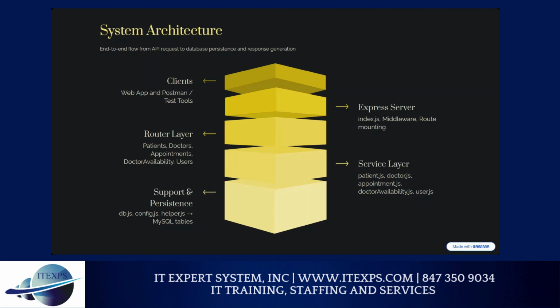DB utilities manage database connections. The support and persistence layer, which includes the db.js, config.js, and helper files, helps aid in the management of database connectivity. This separation improves maintainability, flexibility, and scalability.